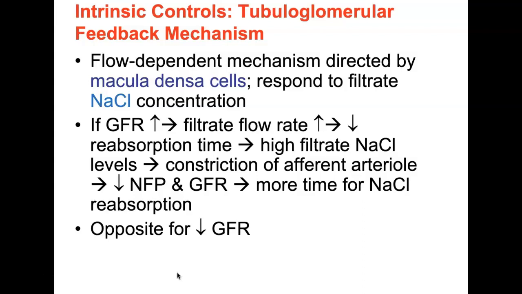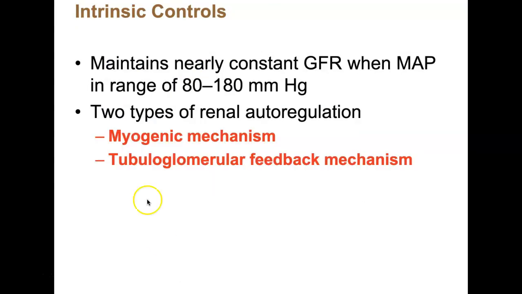Autoregulatory mechanisms maintain a relatively constant GFR over the arterial pressure range that we just discussed earlier, between 80 and 180 millimeters of mercury. So consequently, normal day-to-day changes in our blood pressure, such as when we exercise or sleep, do not cause large changes in water and solute excretion.